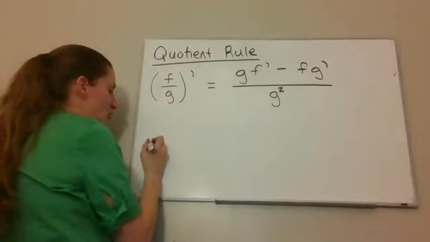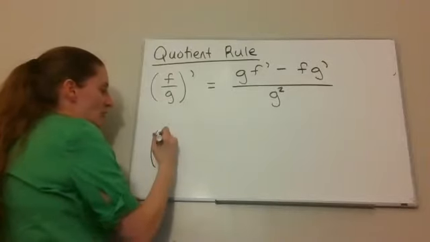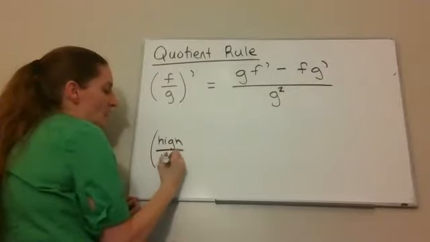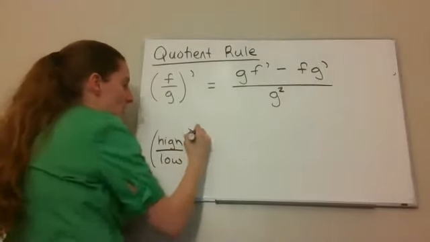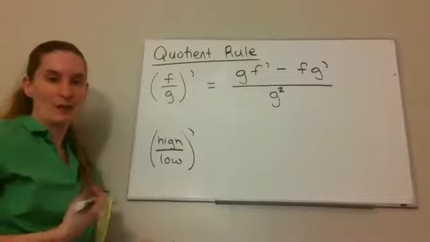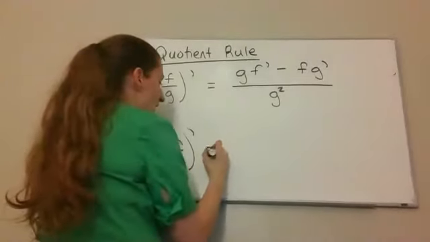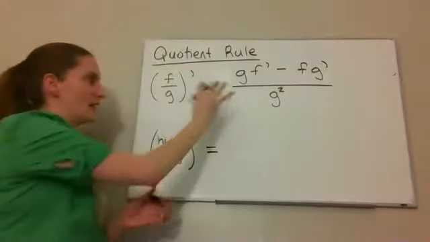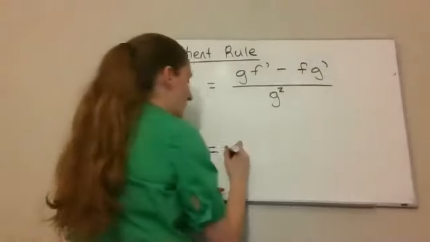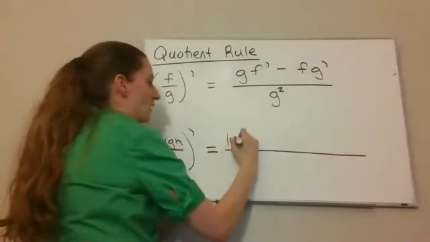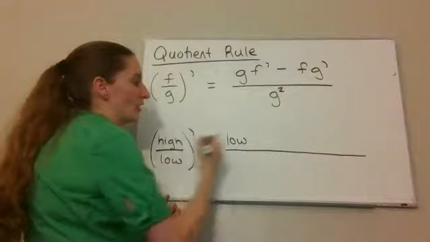So here's my trick for you. I'm going to call the top of the function high, and the bottom of the function low, which makes sense because the top is up high and the bottom's down low. Then I'm going to translate this in terms of high and low. So I would have low and then the derivative of the high.